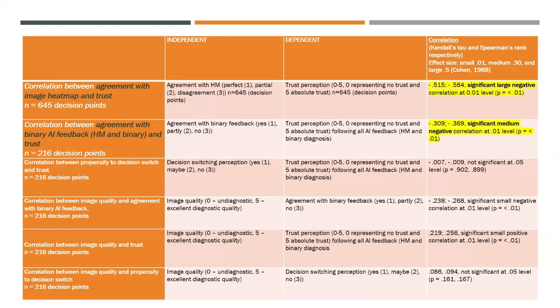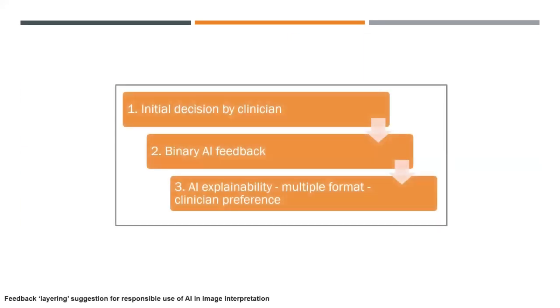So although the heat map caused confusion through these two studies, with both experienced and inexperienced users, they rated the heat map feedback as very important when establishing their trust in AI. They're looking for some kind of explainability, but the heat map may not be hitting the nail on the head there.